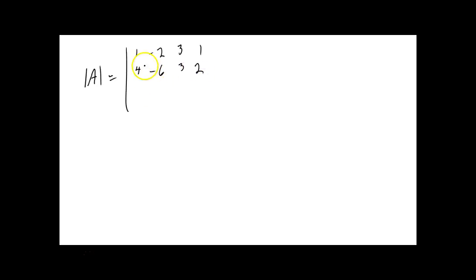Row three: negative 2, 4, negative 9, negative 3. Row four: 3, negative 6, 9, 2. Okay, that's the one we're supposed to take the determinant of. Make sure I've done it right. Got it. I think that's correct.